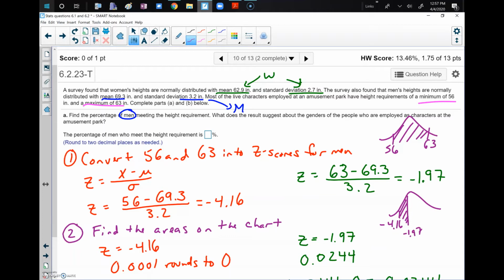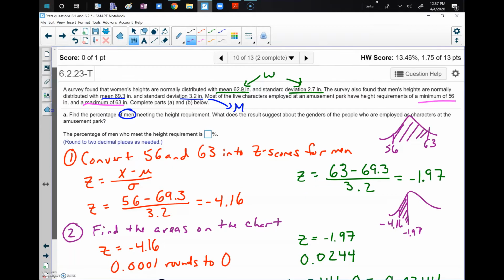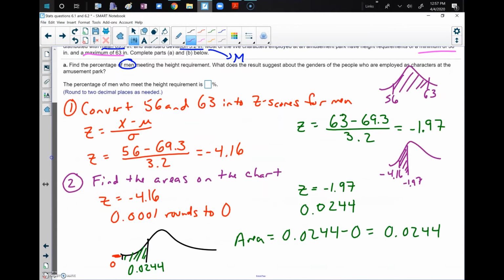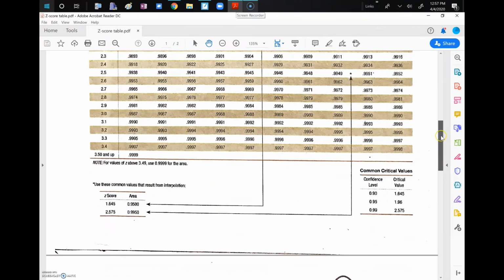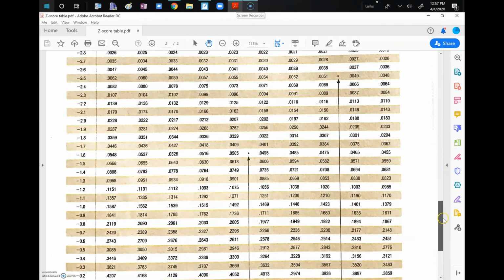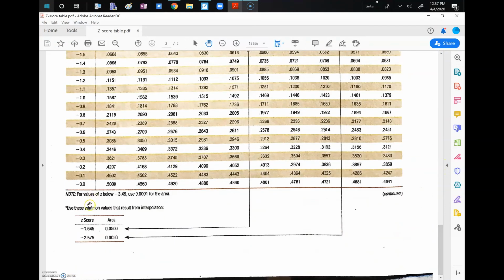So we can see why this data would be a little biased against men, since the men's average isn't even being included. To find the percentage on our graph, we're going to need to use the areas in our chart. Negative 4.16 is a data value that exceeds what we're used to seeing. If I go to the negative z-score side of my chart, it's at the top here.